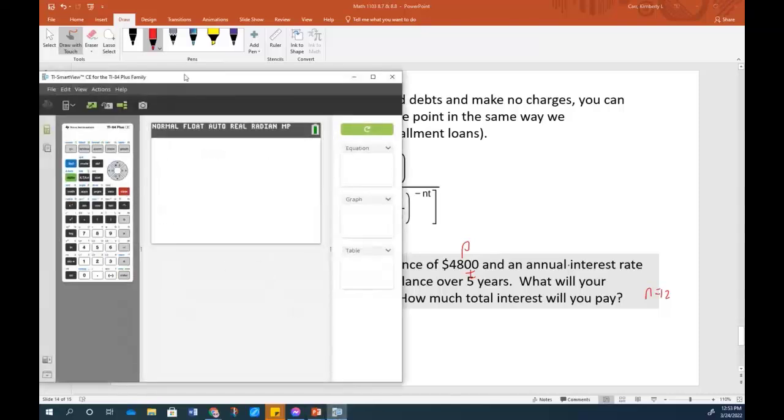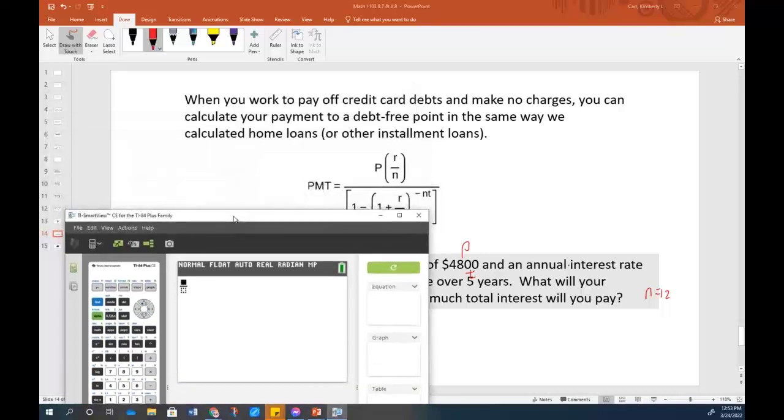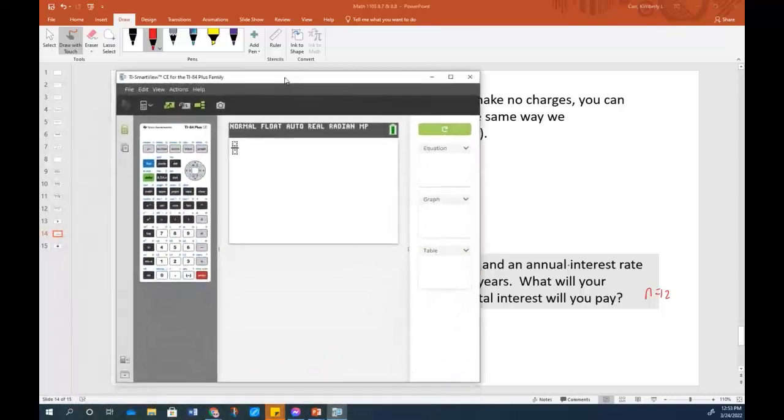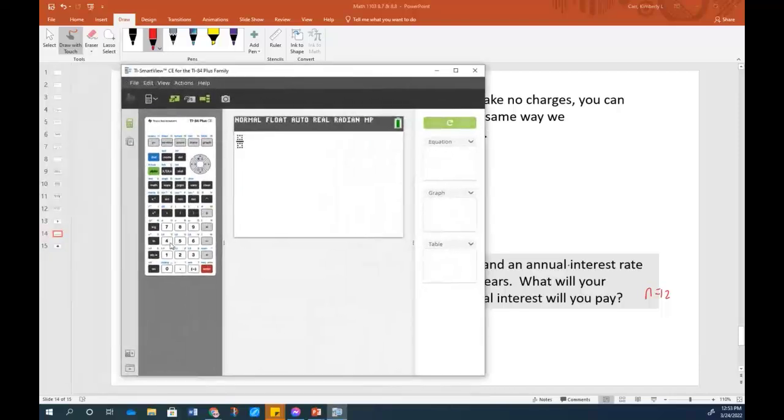So you're almost done. First of all, I have a fraction. On the top of that fraction, I have P times R over N. So the P was 4,800. The interest rate was 12%. Number of payments per year is 12.